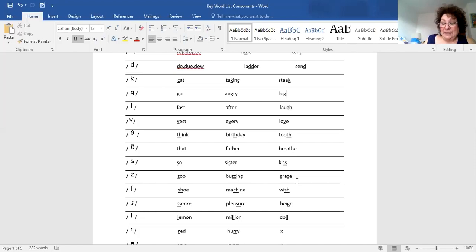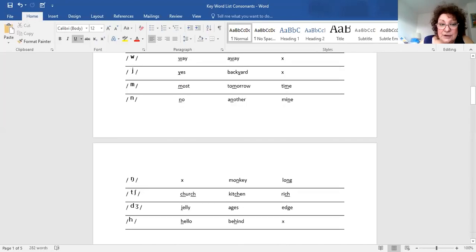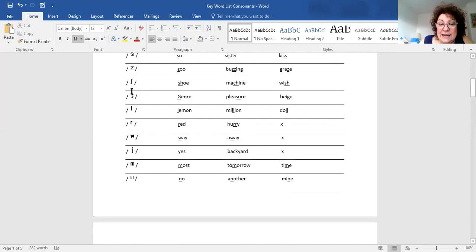So the next pair, pretty unusual in their IPA symbol. This looks like an elongated S, and it's the sound of sh, like shoe, machine, wish. And as you can see, there's different spellings of sh.